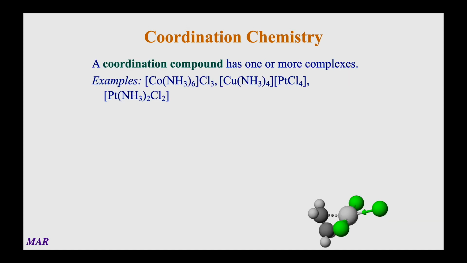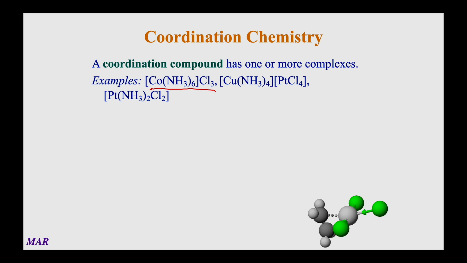A coordination compound has one or more complexes. Now, a complex ion is something we've seen already, and it's something with a charge. If you can make that coordination or that complex ion a neutral species, it becomes a coordination compound. So if you look at some of these examples, like let's look at this one right here.